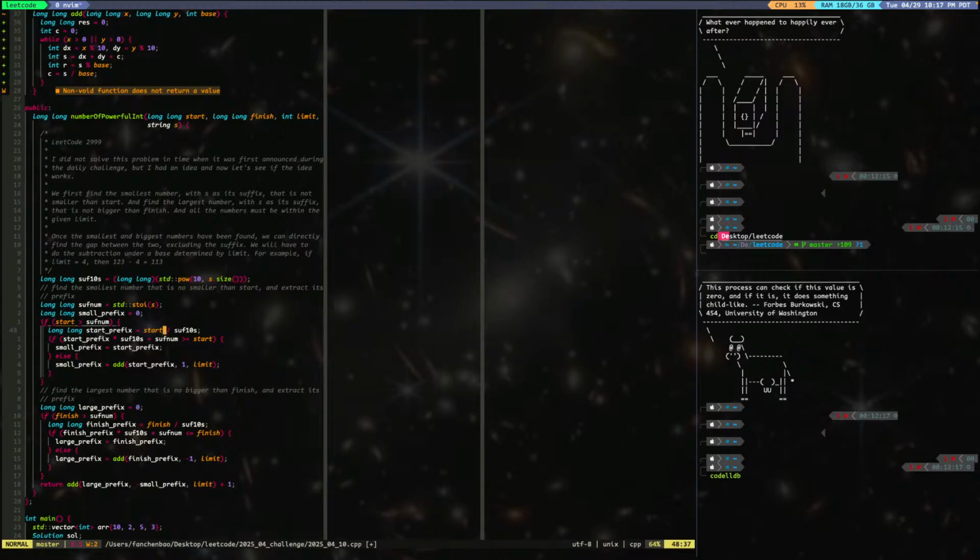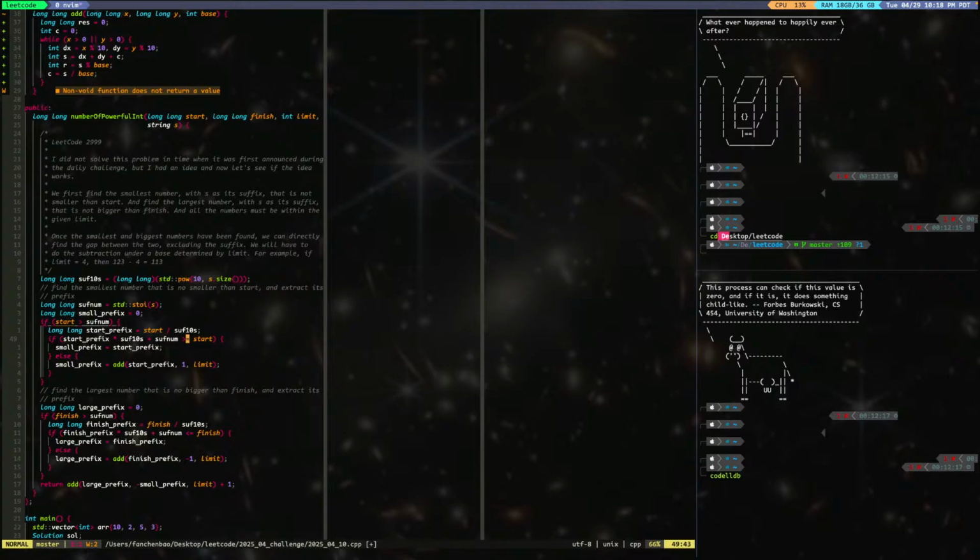Yes, we just remove the rest, and then we say this plus, if start prefix. Oh, I think I didn't take into consideration the base here. Oh, that is wrong. If start prefix times, so I have start prefix, right? Times suff, this plus suffix is larger or equal to start.